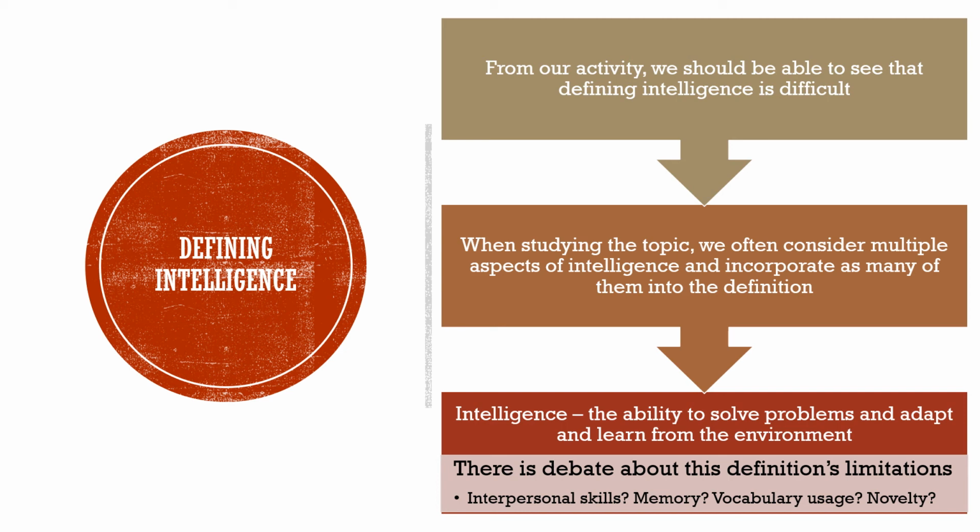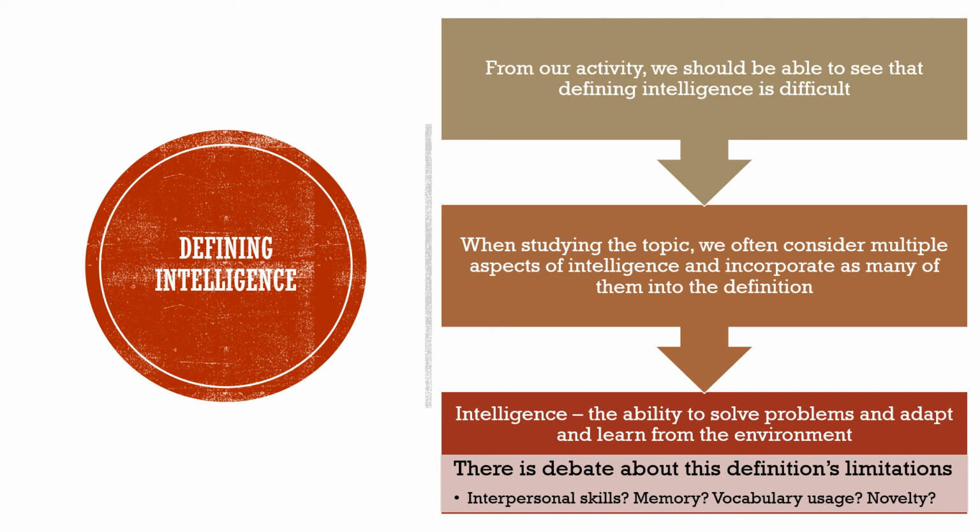And what most intelligence researchers have agreed upon is that intelligence should be defined as some type of problem solving that relates to better than average or lower than average basic cognitive skills. But even that broad definition of intelligence relating to problem solving and adaptability and learning and other cognitive skills does leave some things out.